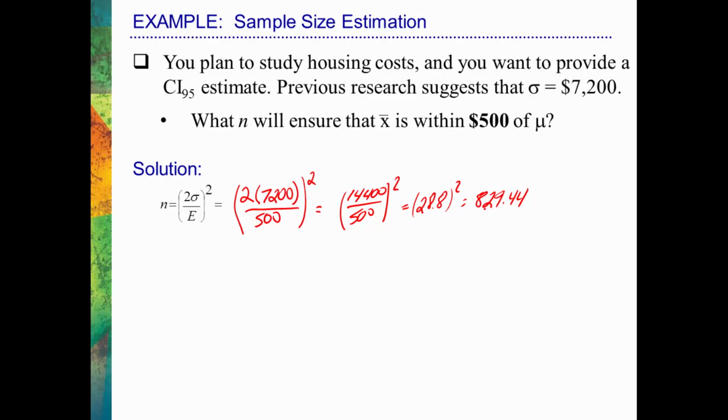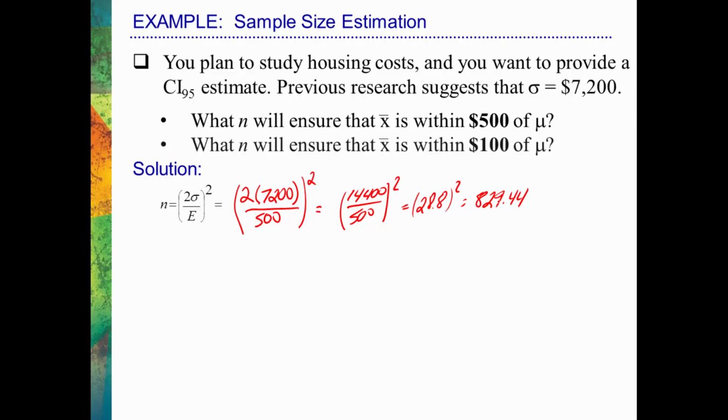So we would need to include 829.44 housing prices in our sample for our sample mean to be within $500 of the true population mean when we compute our confidence interval. Well, of course, we can't have a fractional component when we're looking in our sample to include housing costs, so we would round that up to a sample size of 830.